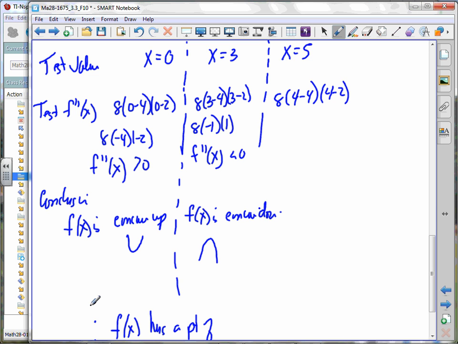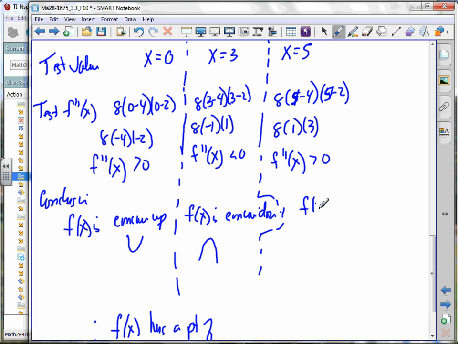Now, I've got a problem with this. Do you see the problem? Oops, I chose 4, didn't I? Why did I choose 4? I'm going to say that's a big problem because that turns out to be 0, and I don't need that. Okay, so let's see. 8 times 1 times 3. Second derivative is positive.